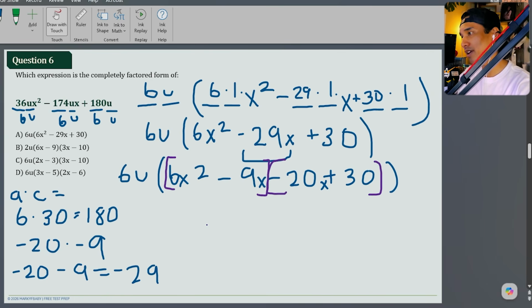And now what I'm going to do here is factor again. And now, what am I going to do when I factor? What can be taken out from this 6x squared and this negative 9x? So I'm going to rewrite this 6u. And what can be taken out? Well, what can be taken out is 3x. Okay, you have to divide this by 3.